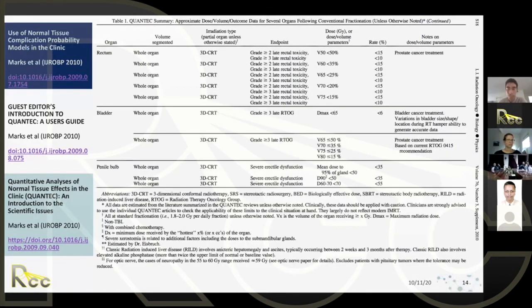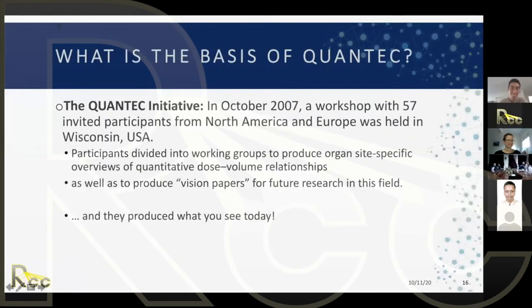And you might be asking, how do they know? So I investigated this a little bit, because I was also curious, like, where did this come from? So actually in October of 2007, there was a workshop with 57 invited participants from North America and Europe here in Wisconsin.